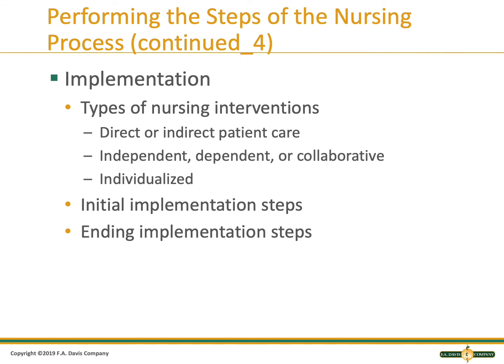And you'll see in your book the examples they use for independent, dependent and collaborative interventions. An independent intervention that doesn't need a doctor's order might be if you notice that their urine is really dark, and so you just decide to go ahead and monitor intake and output on the patient so that you can determine if there's a fluid imbalance.